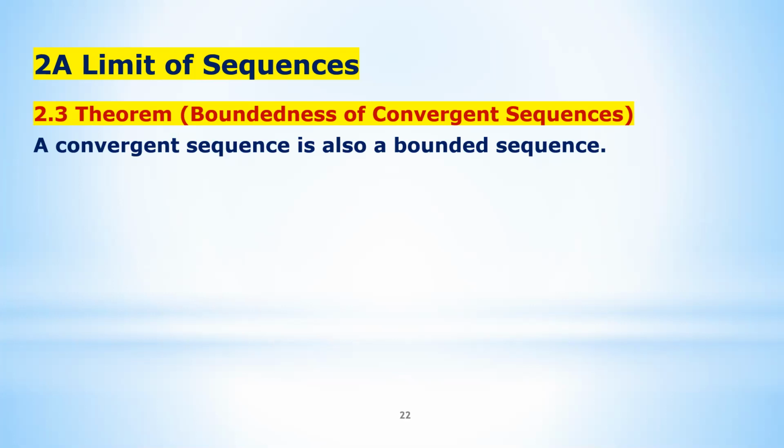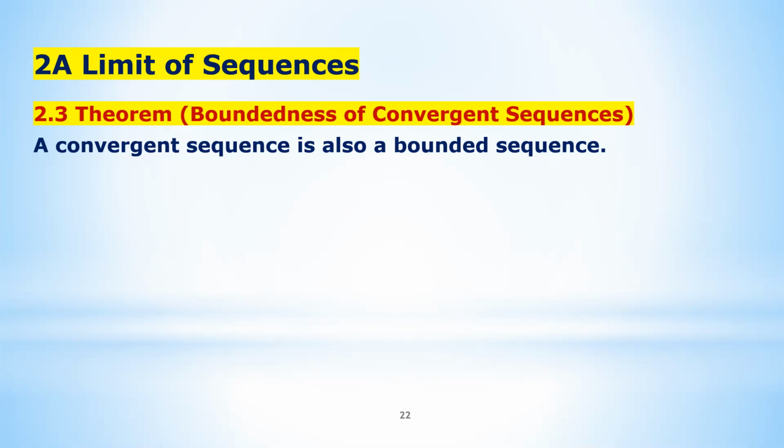This means that there is a positive number that controls every term in the sequence. So the whole sequence must be inside some finite interval. That's what I mean by a sequence being bounded.